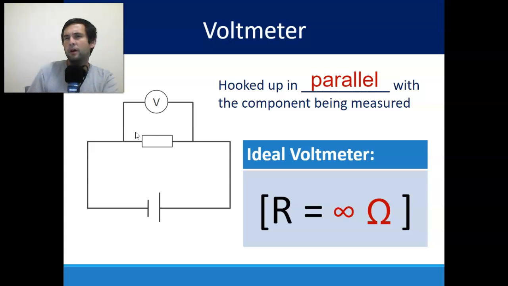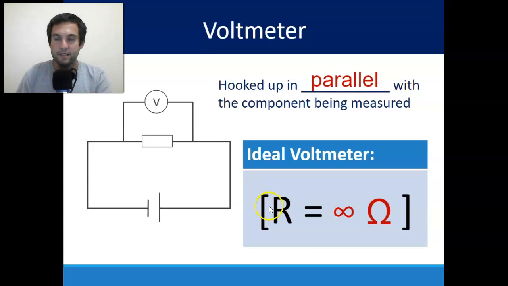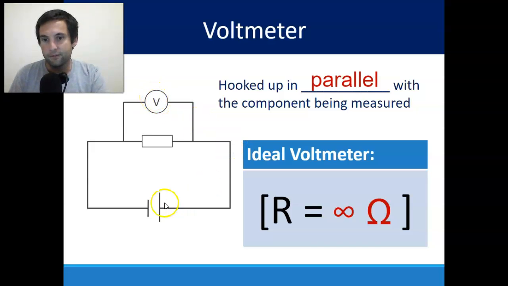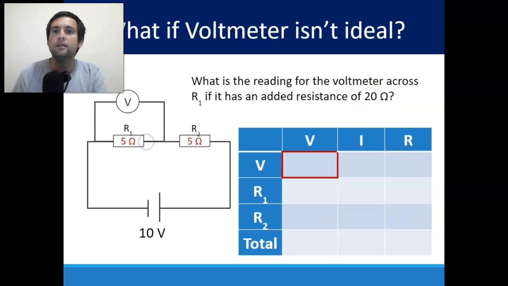The idea here is that the resistance of this voltmeter is infinite. So we have infinite resistance in an ideal voltmeter, and if we follow the current, when given the choice to go towards the infinite resistance where it's never going to get through, or go through the resistor, it's just going to travel through the resistor. It's not going to go to the infinite resistor.